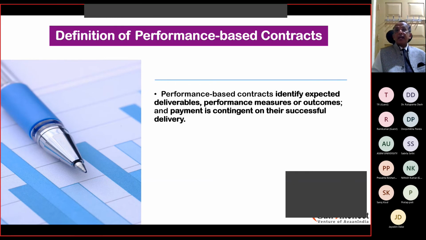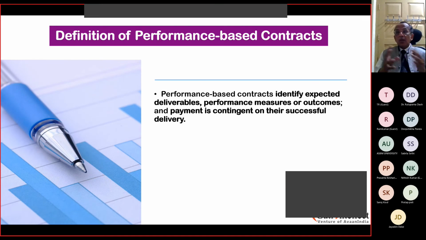The contract revolves around performance. The deliverables, outcomes and expectations are all mentioned well in advance of the contract, so the contractor is obliged to comply with them.